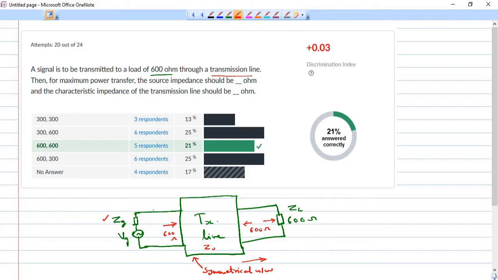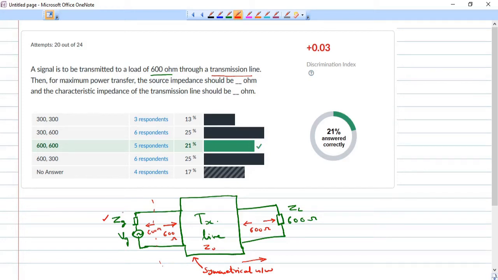Then when we look from the source to the transmission line, in order to transfer maximum power to the transmission line, the impedance of this source, that is the generator, should also be equal to 600 ohm.